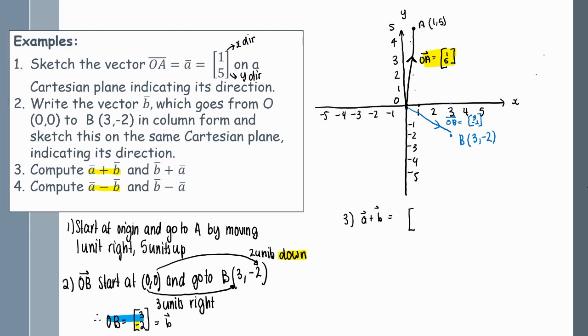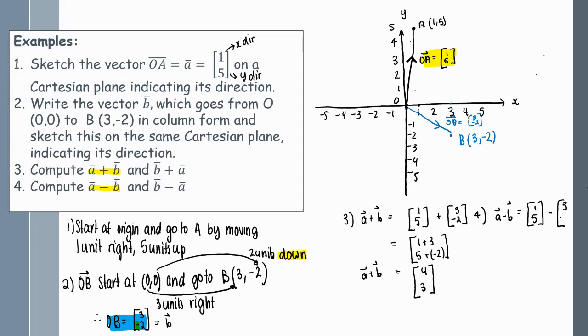So a plus b, let's write out our vectors in column form, add them component-wise, and that will give you a new vector. 1 plus 3 is 4, and then 5 minus 2, well, that is just 3.